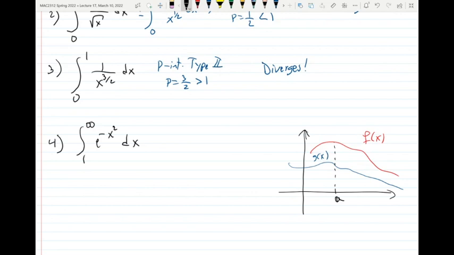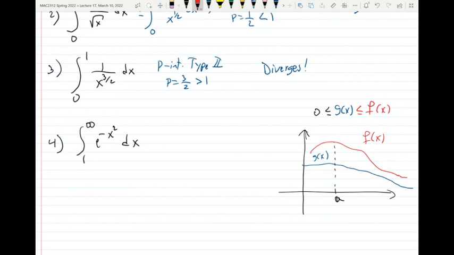Okay? So let's say that we have a situation like this for which both functions are positive, so we can talk about area. And then the function g is always under the function f.